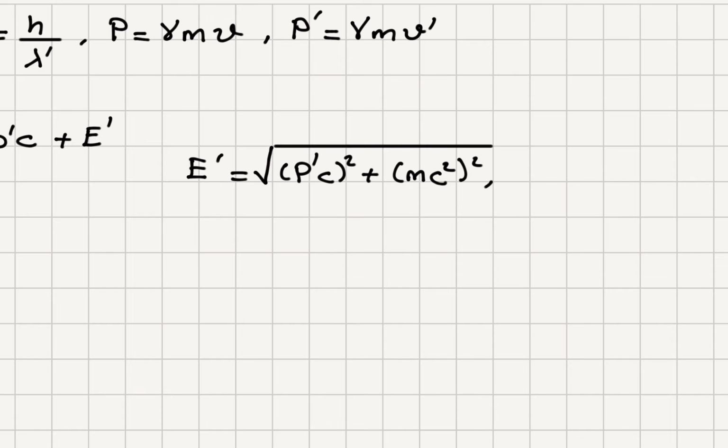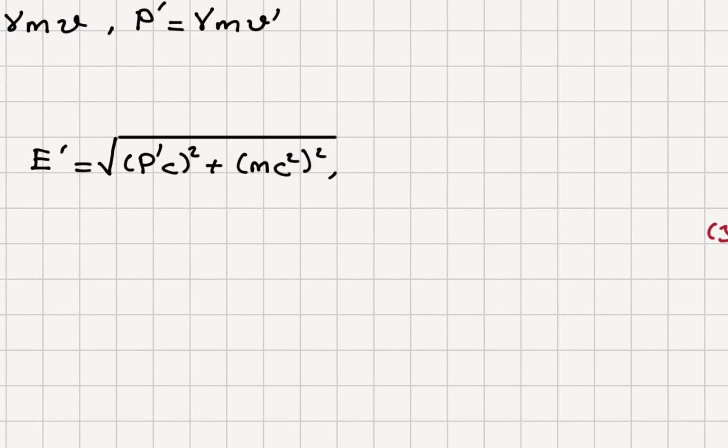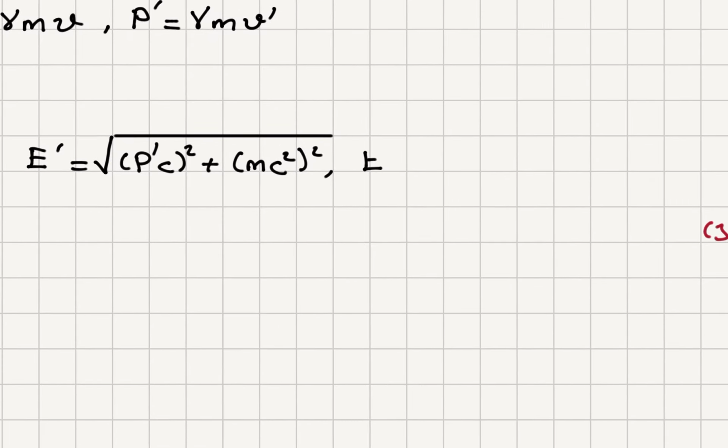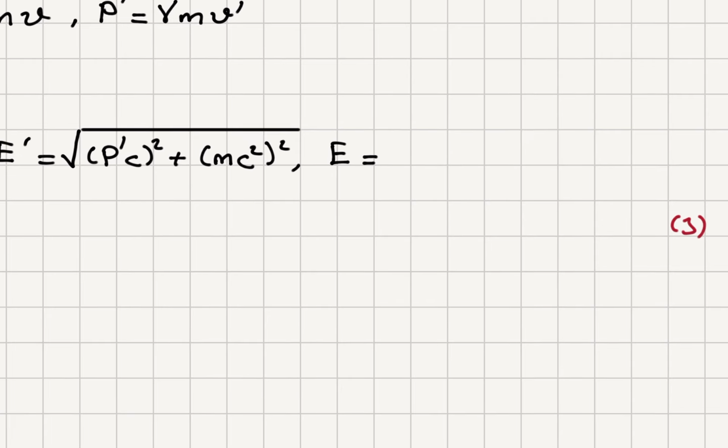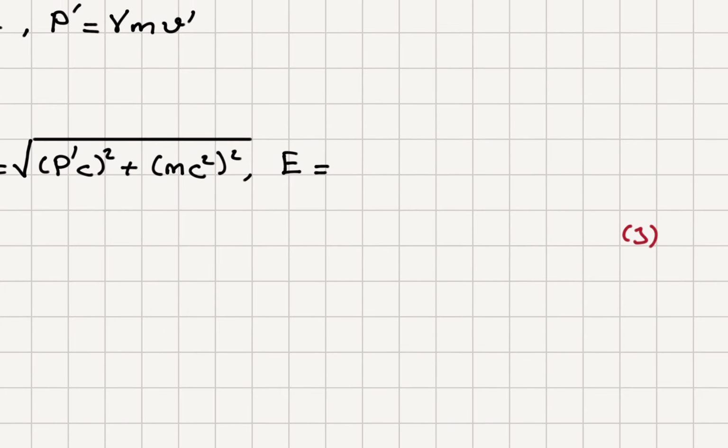And we know that the total energy of the incident electron can be written as the square root of capital Pc squared plus mc squared squared.